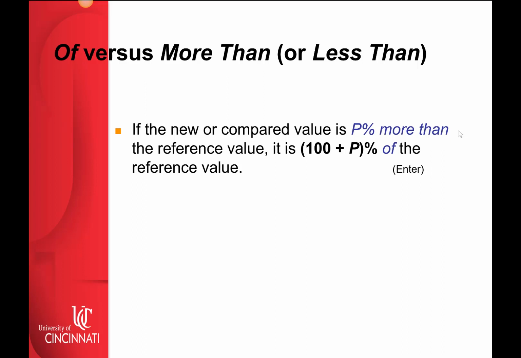If the new or the compared value is a percent more than the reference value, the way you figure it out is you do 100% plus whatever that percent is. For example, Lauren graduates here in about 4.5 years or so.